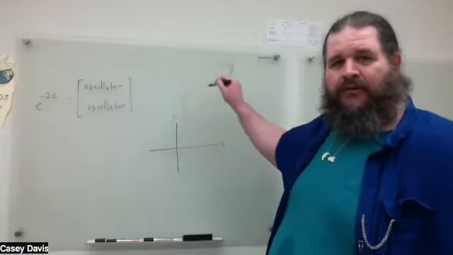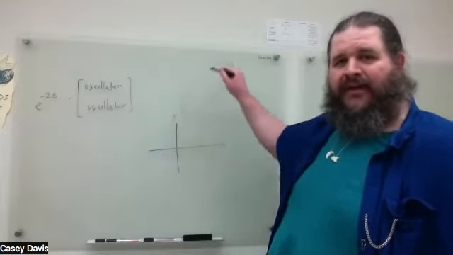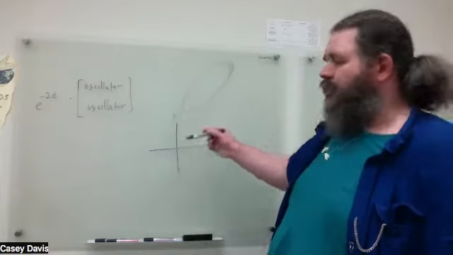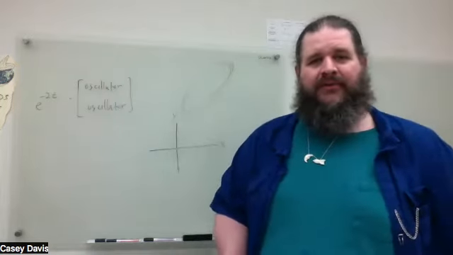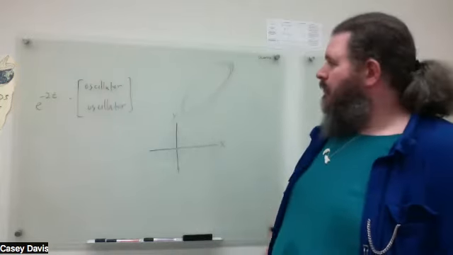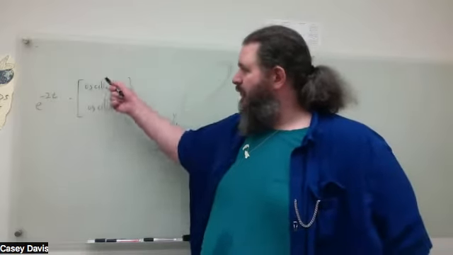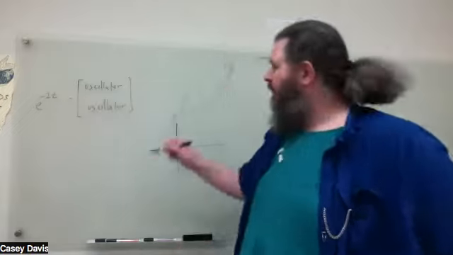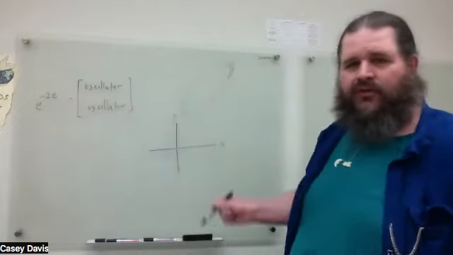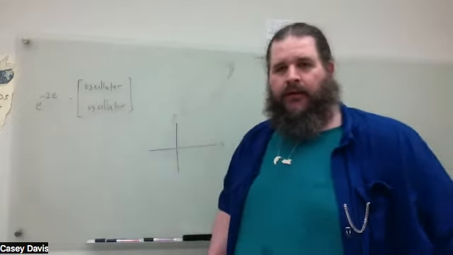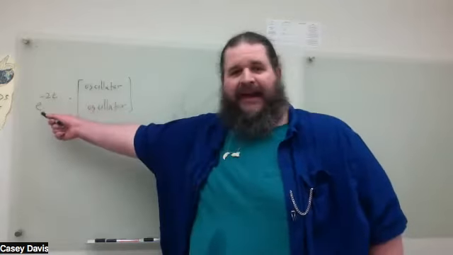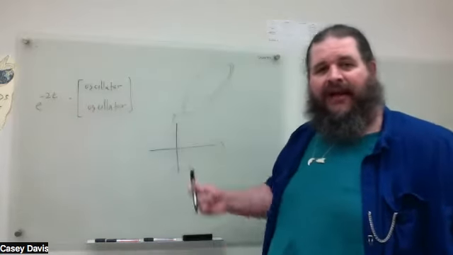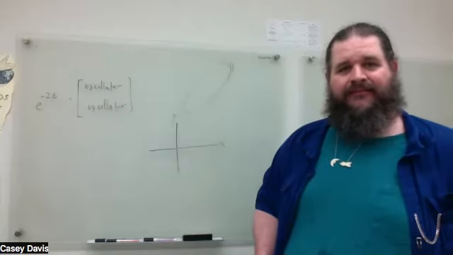You're tracing out some sort of circle or ellipse, some sort of cyclic pattern. So if you just had the vector function with x and y both oscillating and no exponential, you're going to get a repeating sort of orbit. But with the exponential decay, what happens to the size of that oval as time passes?